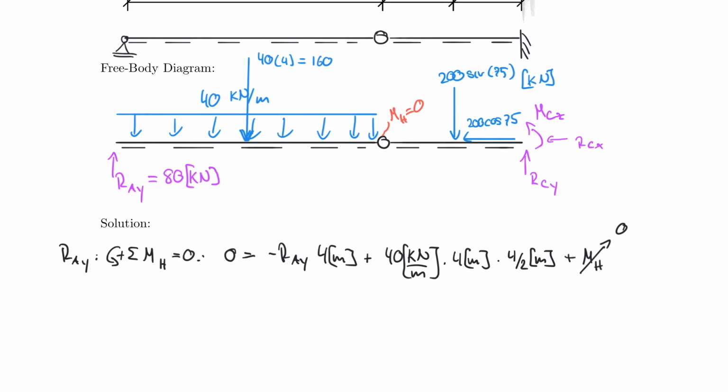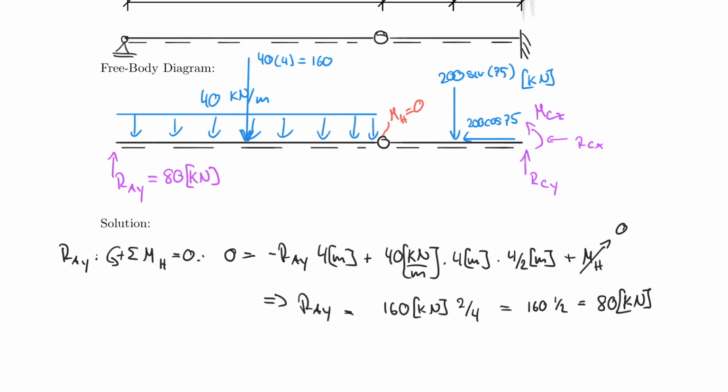And if you rearrange this now, you will find that RAY is nothing else than 40 times 4, which is 160 kilonewton, and that then times 2 divided by 4, which is nothing else than 1/2. So that is equal to 160 times 1/2, which is really equal to 80 kilonewton.